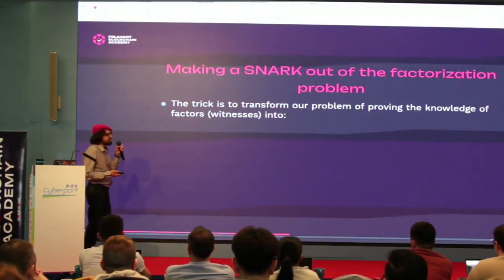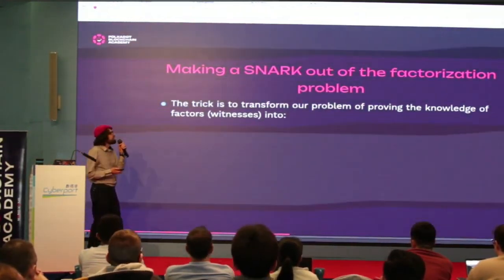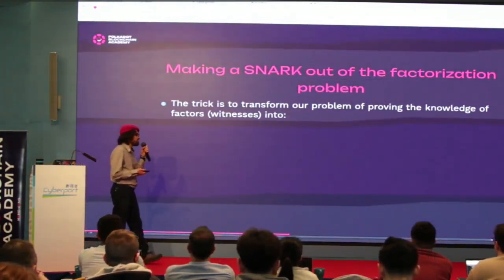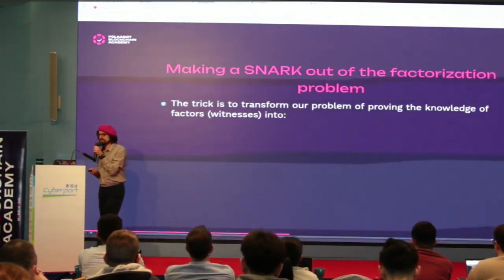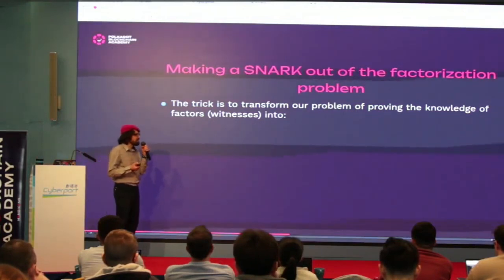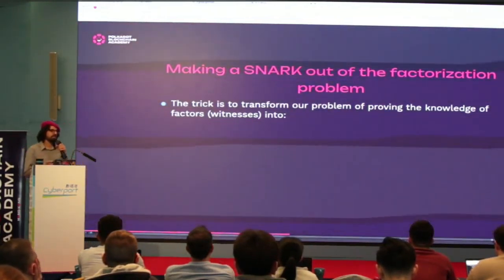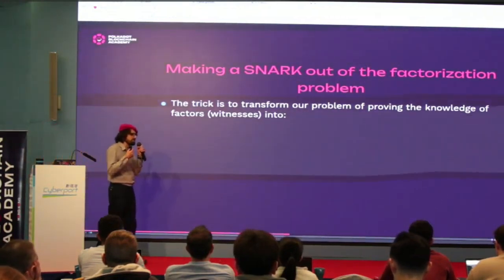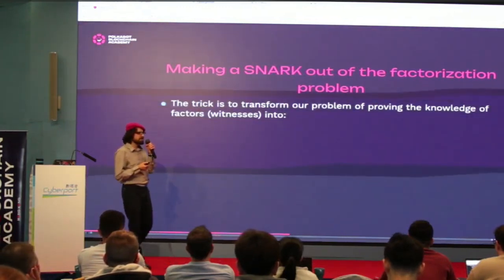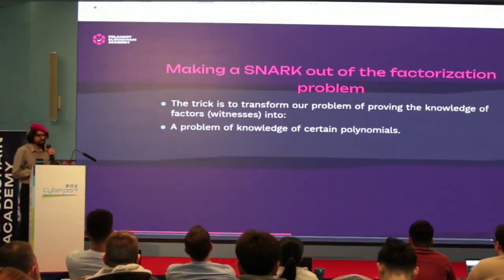So the big idea behind SNARKs is to turn this abstract problem, that I know two factors whose product is N, into knowledge of some polynomial. As I said, there could be many different types of ZK proof, but if you want to generalize, you don't want to come up with a creative answer every time. The algorithm is to turn the problem into knowledge of a certain polynomial.